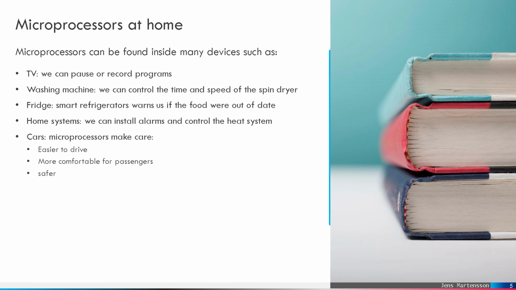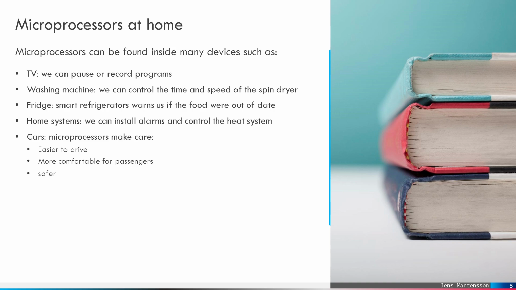Microprocessors can be found inside any devices. We can find them in devices at our home, such as the television. The microprocessor can be found inside the television to make us pause, record the programs to watch later, or increase the volume, or change the channel, or whatever we would like to do.